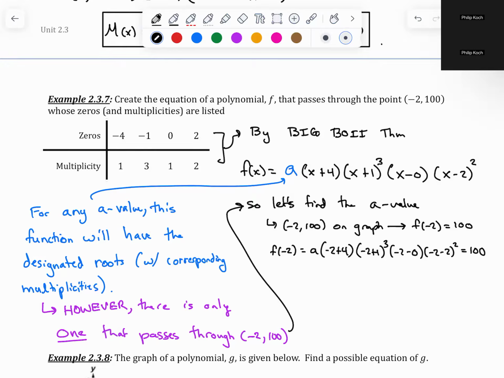So it's going to be 64a equals 100, which gives me that a is equal to 100 over 64, which reduces down to 25/16.